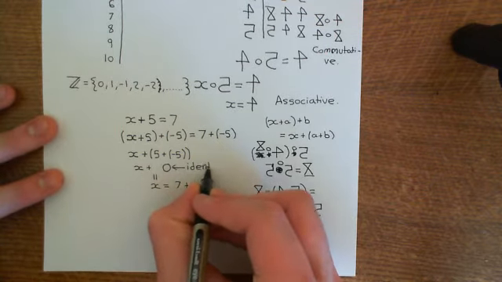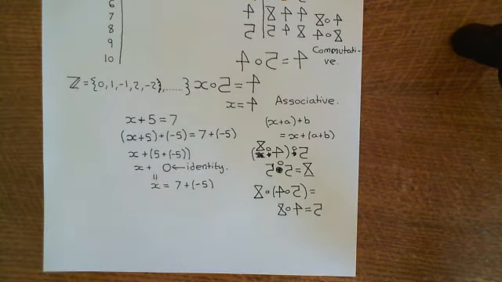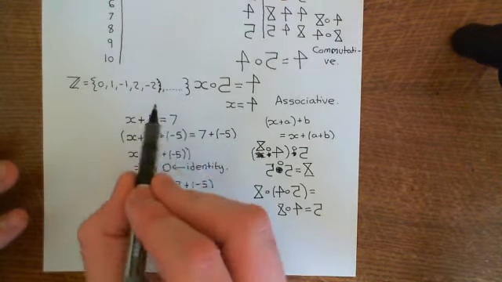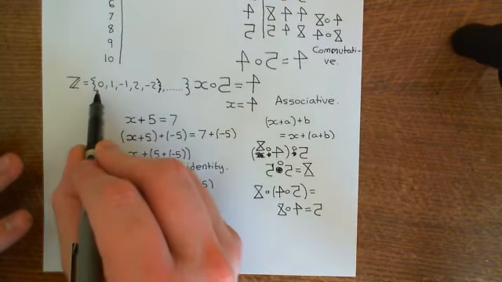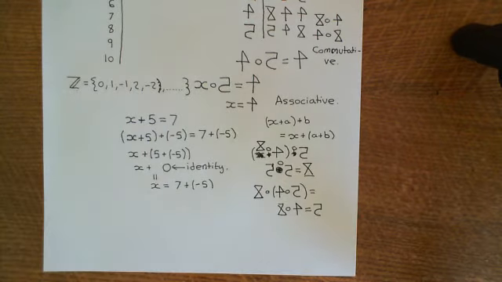So we require an identity element within the set, which is an element which will compose with any other element in the set to give that same element back again. So 0 is the identity in the integers. It's the element that you can compose with every other element to give that other element back again.